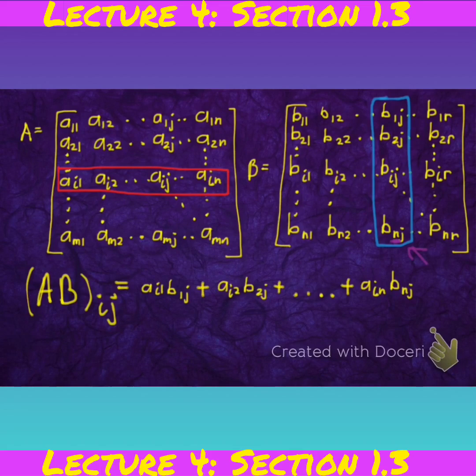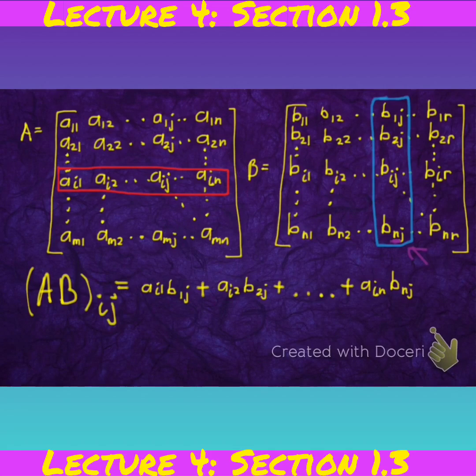And in the ith row of A, if you were to count the entries there, there are also n entries. So you're always going to match the number of entries in the ith row of A with the number of entries in the jth column of B. And that is the necessity that needs to hold for a product between two matrices to be valid.